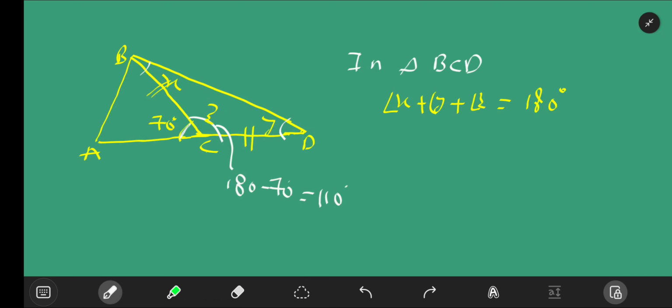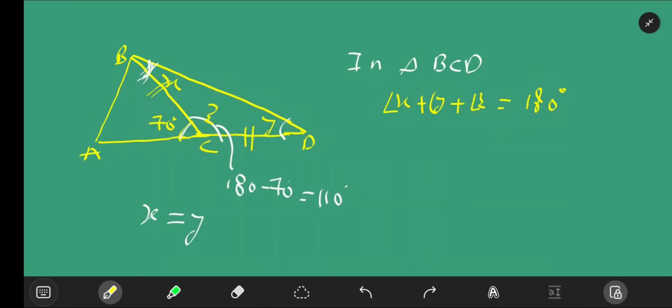Now as we know, this is the isosceles triangle. An isosceles triangle has two equal sides and equal angles. What are the equal angles? X is equal to y. This angle is equal to this angle. Now in the place of y I will put x because x is equal to y.